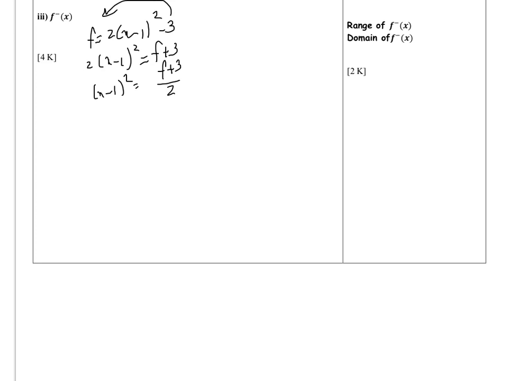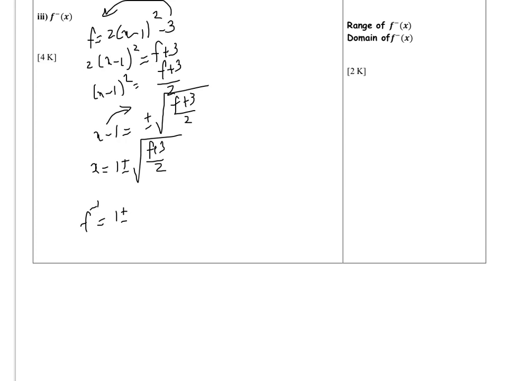Take the square root, I get x minus 1 is plus or minus square root of f plus 3 over 2. Now move negative 1 to the right, I get x is 1 plus or minus square root of f plus 3 over 2. And the last step is to replace x with f minus 1 and f with x.